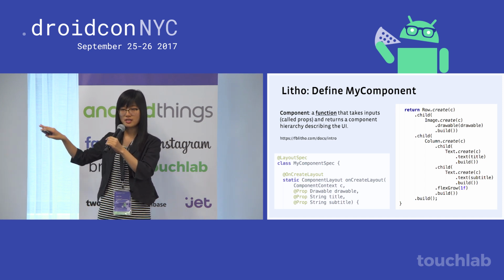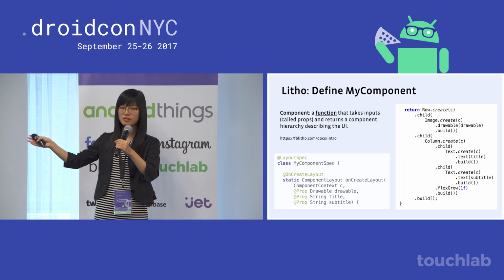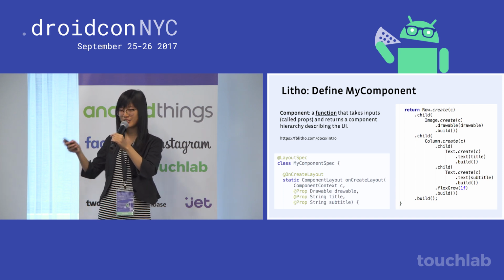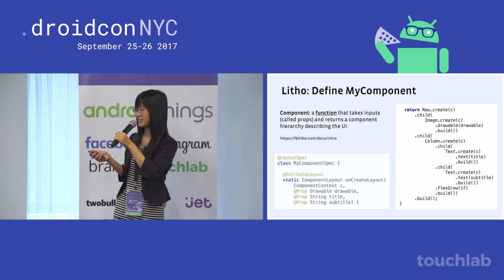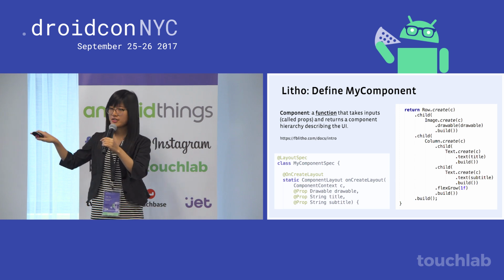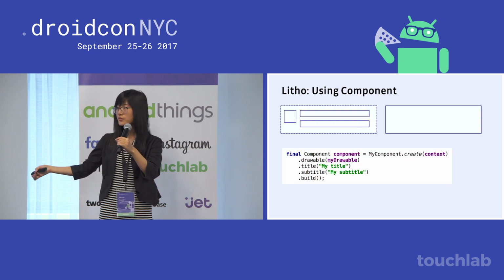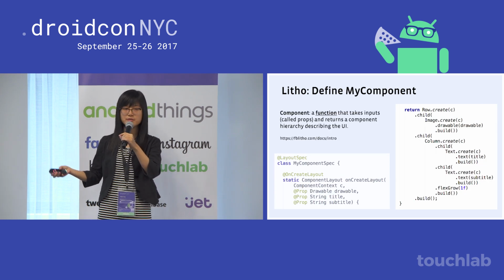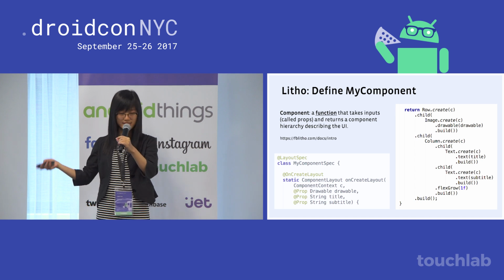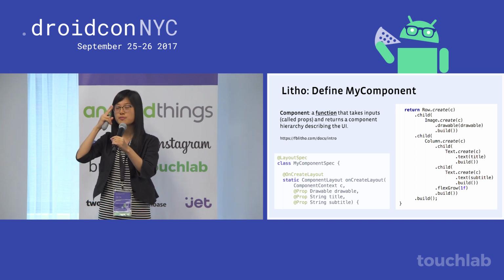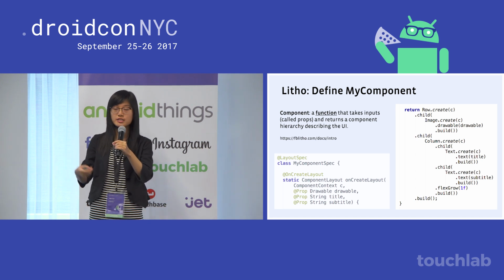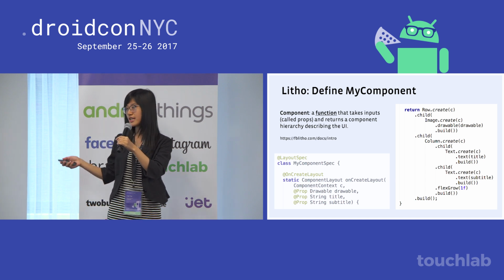So for our case, we just need a row that contains an image and a column, and the column contains two texts, to define the image and two lines of text. This is just a very simple example without much detail like paddings and events. Litho actually supports much more complex UIs, and you can see more examples in their documentation.